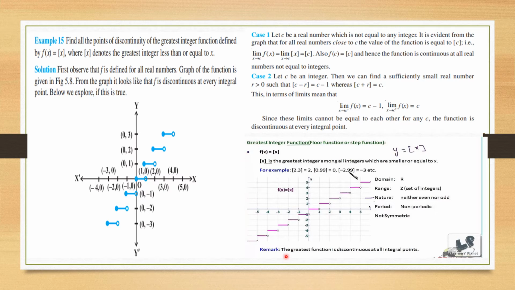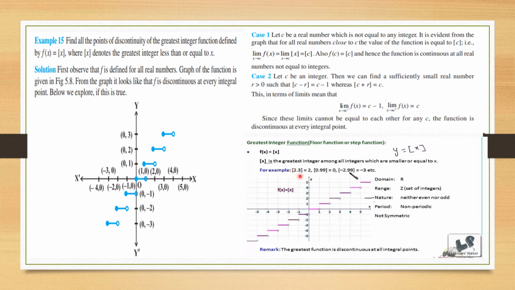First of all, I put an example here so that you remember what the floor function or step function is like. You studied it in your class 11 also. This is the graph of the step function. Remember f of x is equal to the greatest integer function of x. How did we find the values?